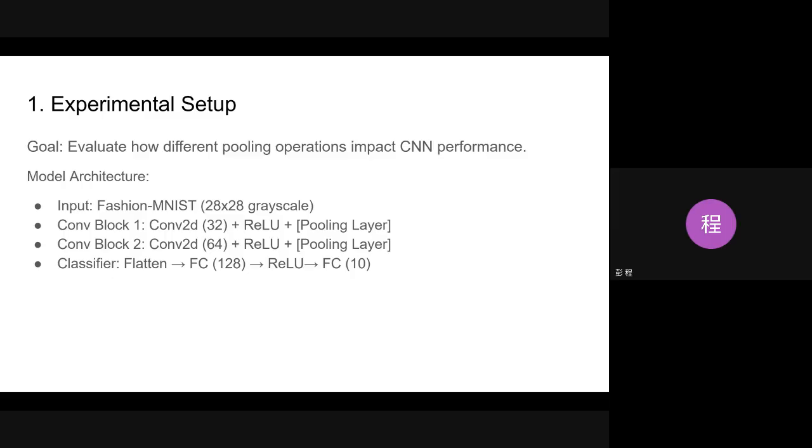The first one is convolution plus ReLU and a pooling layer, and this pooling layer will be replaced by max pooling, average pooling, and L2 pooling, and then the second convolution layers. Okay, that is the model structure. Next page.